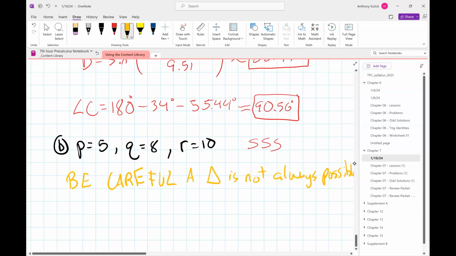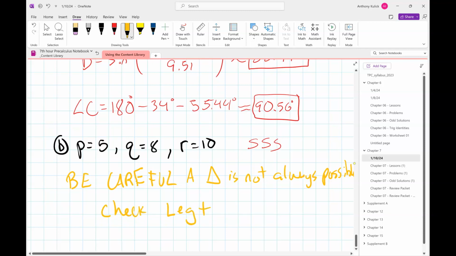Just because I give you 3 numbers doesn't mean you can make a triangle out of it. If I tell you the side lengths are 1, 1, and 10,000, you're not going to be able to make a triangle out of that. Those 2 tiny short sides can't ever reach. So we have to check this.